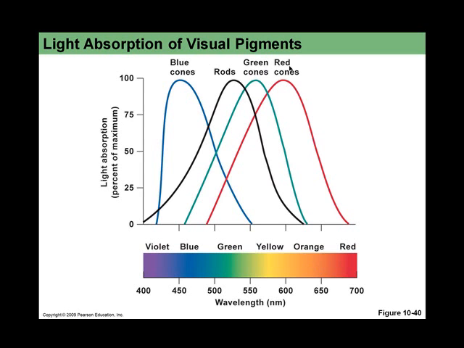And as you know, combinations of these three colors can produce pretty much all the others. And then the rods are monochromatic in that they are sensitive, although at a peak close to the green range, across all, and their lowest sensitivity or lack of sensitivity is in the red range.